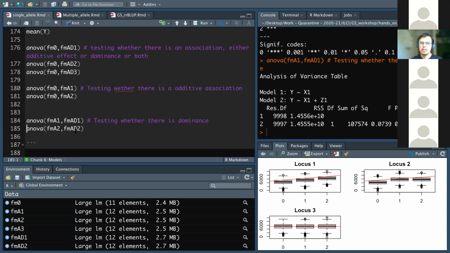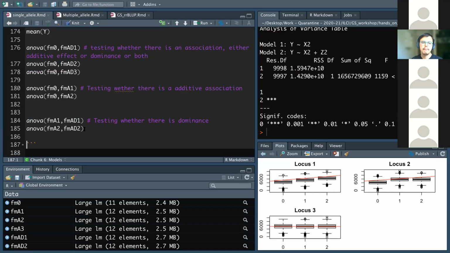If you do that, you can see that in locus 1, where we only have an additive effect, the p-value is really high, so there is no difference between those two models, so there is no dominant effect. But in locus 2, where we have a complete dominance effect, you can see that the effect of the dominance is important, and we can identify that in the model.